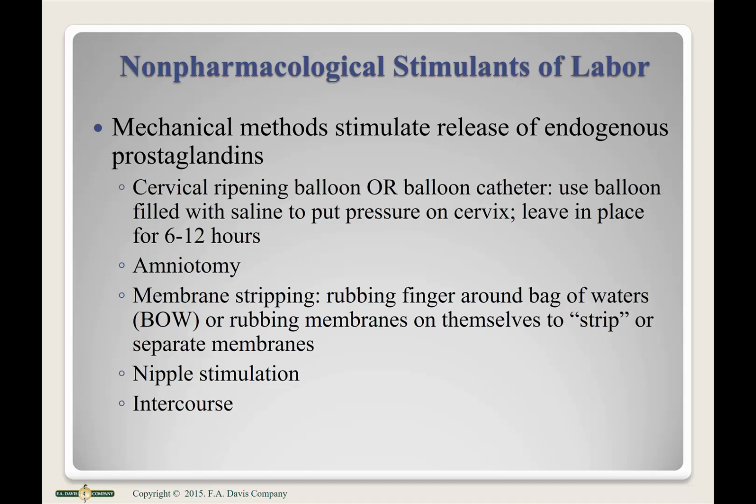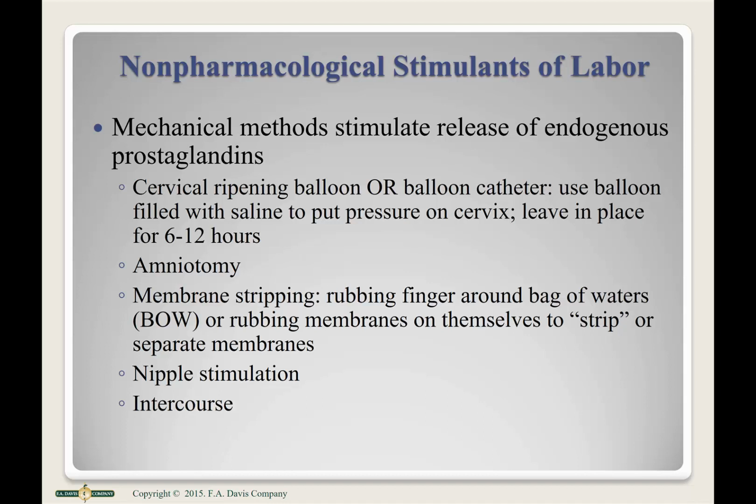Nipple stimulation is another thing people can do. It sends a signal back to the posterior pituitary to release oxytocin. This is simulating a baby breastfeeding. When a baby breastfeeds, it stimulates the release of oxytocin, which causes contraction of those tiny alveoli in the breast to squirt the milk out of the alveolar ducts.